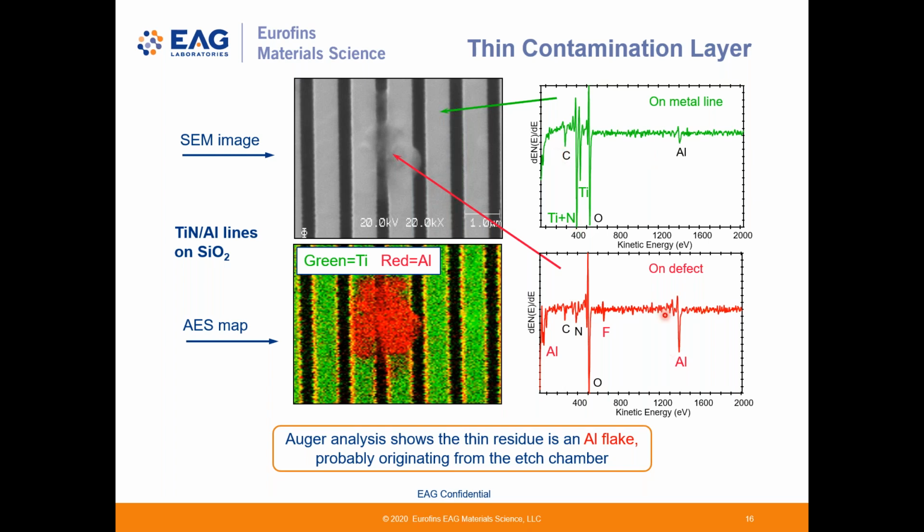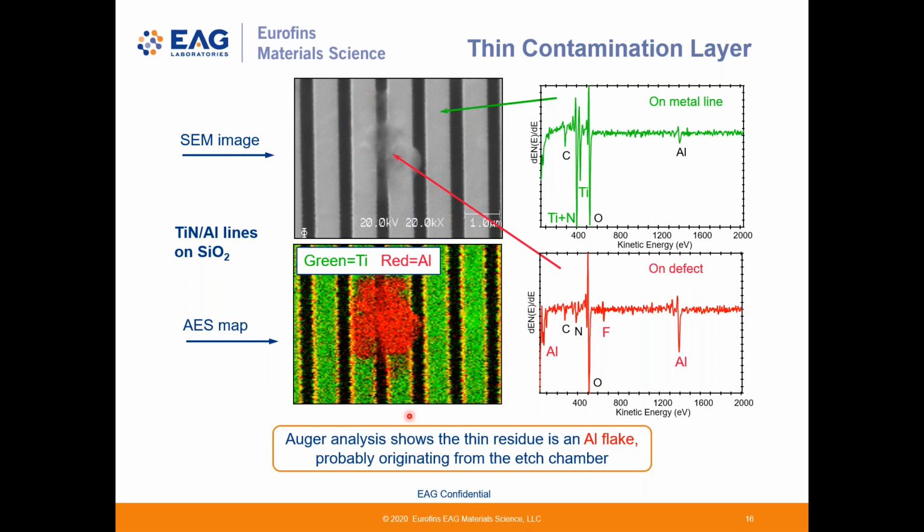In contrast, this spectrum, the red one, from the flake shows much stronger aluminum peaks and virtually no titanium is detected. This indicates this defect is aluminum-based. The lower left figure shows an Auger map overlay where we measure the peak intensities of aluminum and titanium as a function of location across this same SEM image.